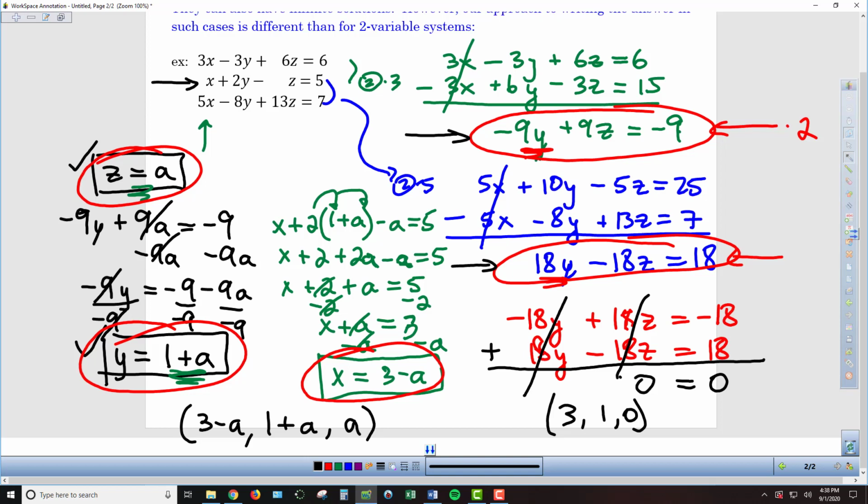I could plug in 1 for a. That would mean that (2, 2, 1) would work in all three of those equations. So I can plug in any number I want for a, and that will give me an ordered triple that works in each of these equations.